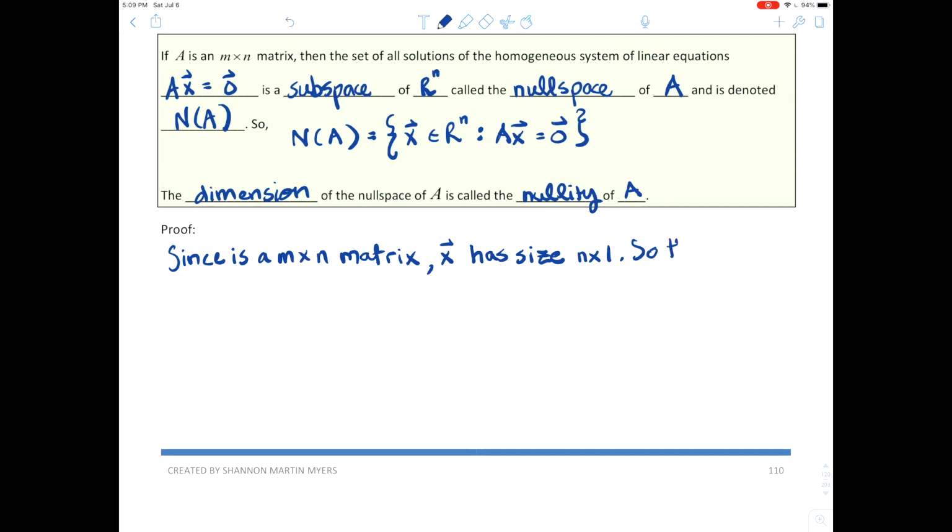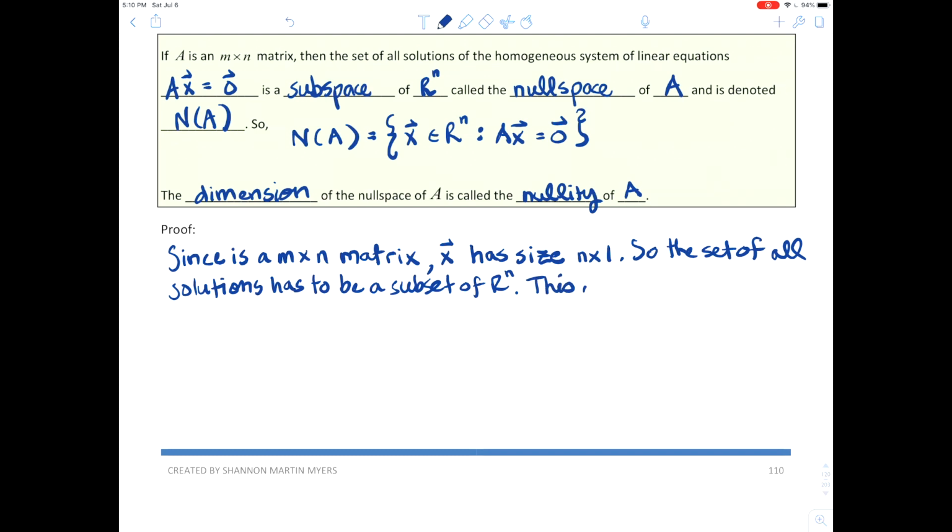So the set of all solutions has to be a subset of Rn. Cool, cool? All right. So what do you think we're doing? We're doing the proof for a subspace, right? So we've said that this is a subset of Rn, right? This X vector.